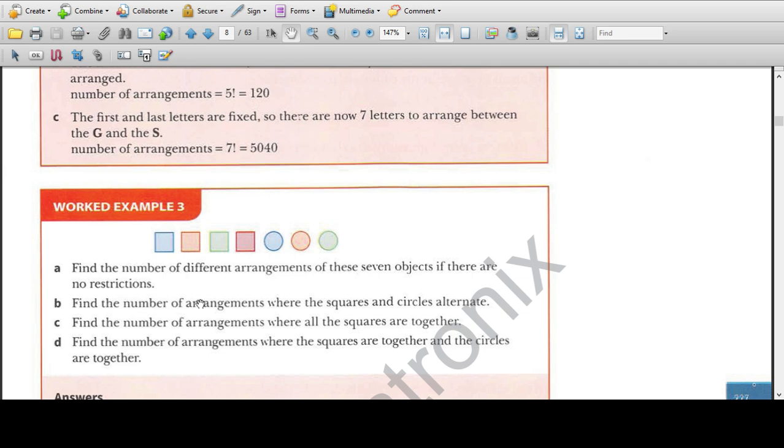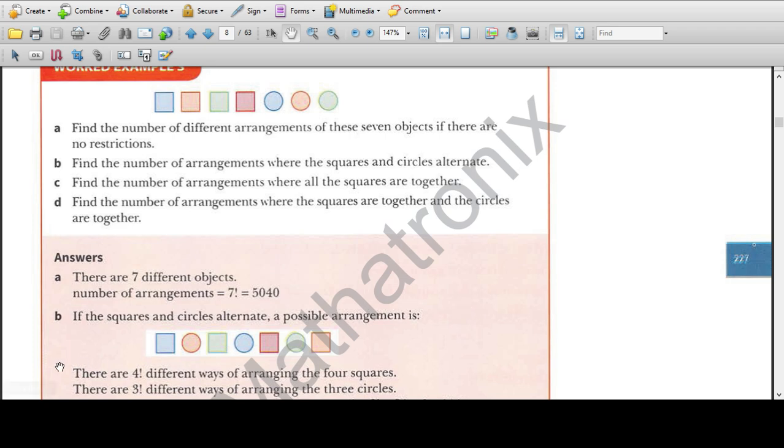Find the number of arrangements where the squares and circles alternate this way. So the squares have 4 positions: 1, 2, 3, 4. The first square has 4 ways of arrangement, the second square has 3 ways, the third square has 2 ways, and the last one has only 1.